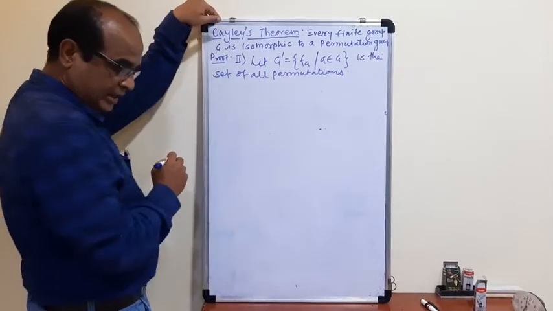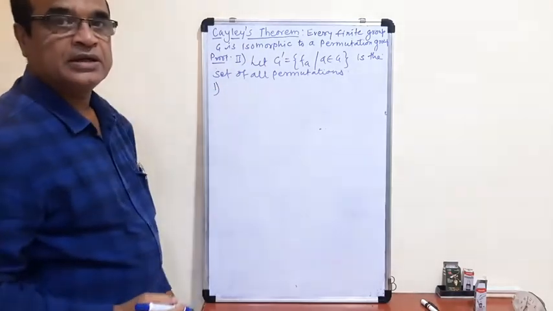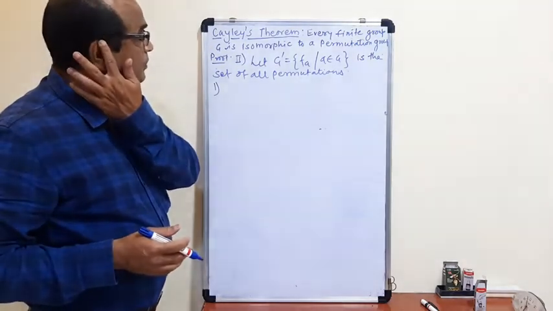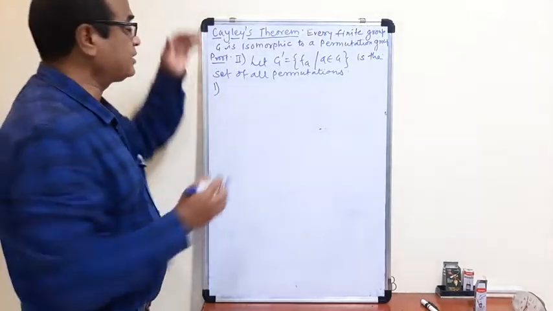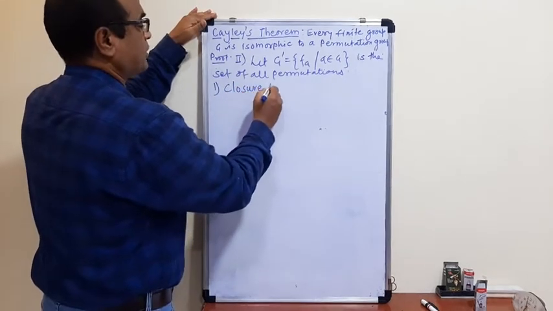Then we prove the first property. We are proving here that G dash is a group. So for that we prove the first property, that is the closure property.